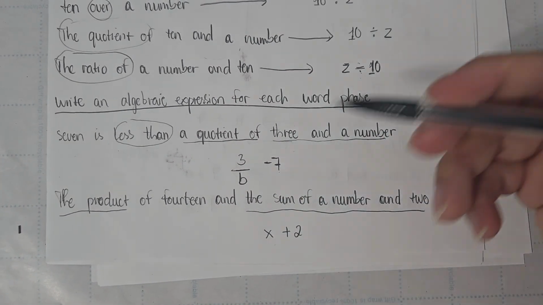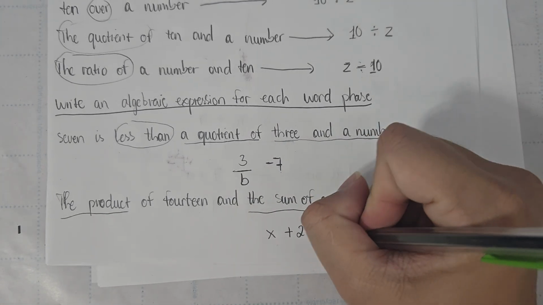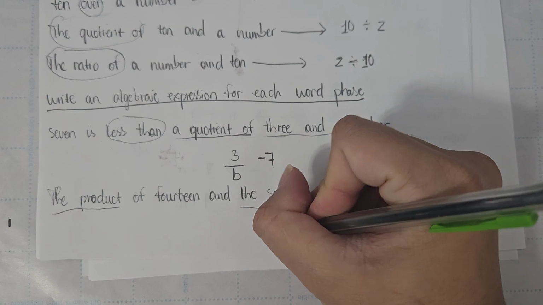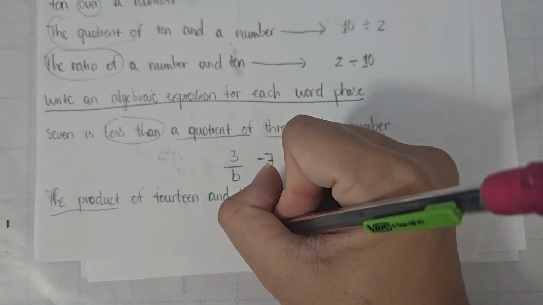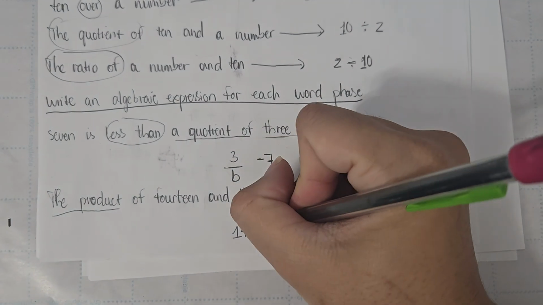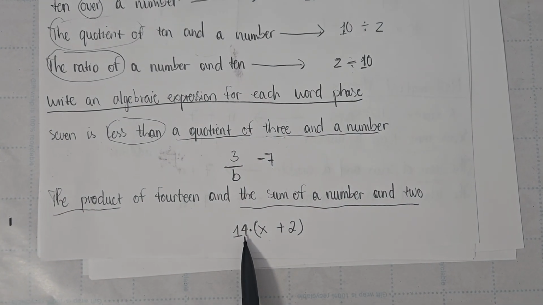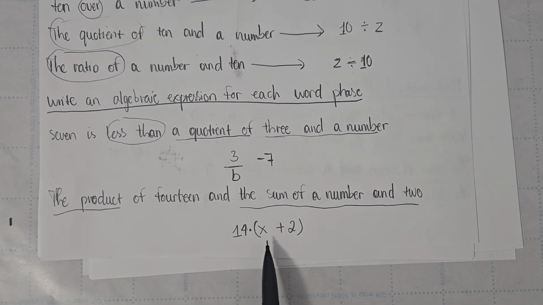But we have the product of 14 as well, so the product of 14 means 14 multiplied by the sum of x plus 2.